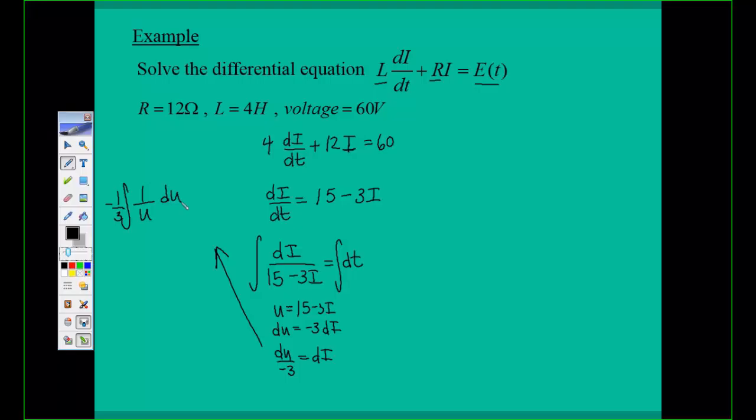And the antiderivative would be the natural log of the absolute value of u. So we have negative 1/3 times the natural log, and our u, let's plug that back in, is 15 minus 3i.